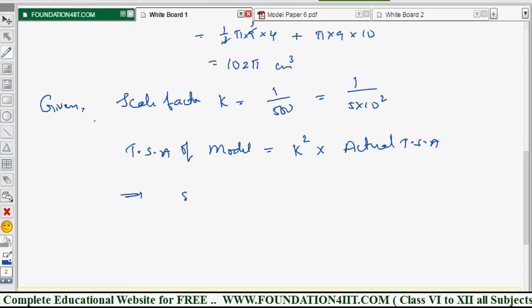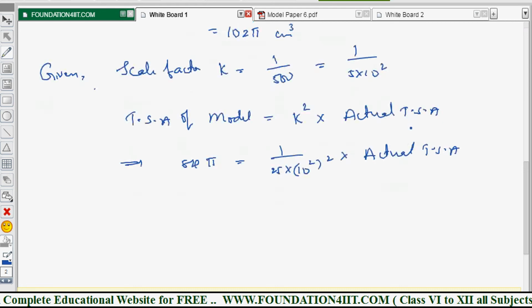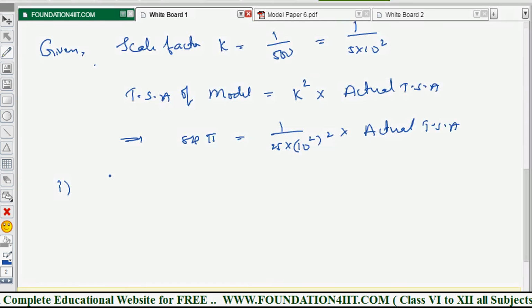So from this, it is 84 pi, and k square is 1 by 5 square, so 25 into 10 square whole square, into the actual TSA. So the first question is the actual total surface area of the original.